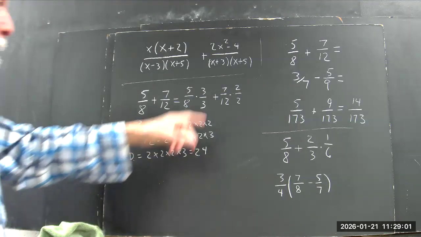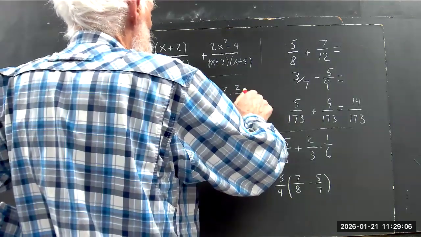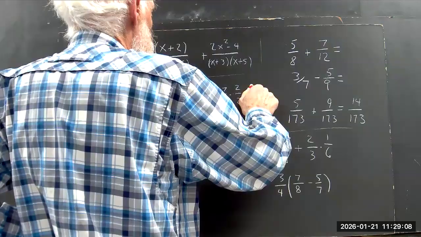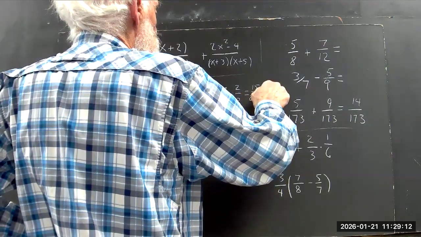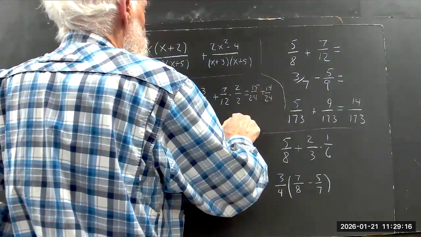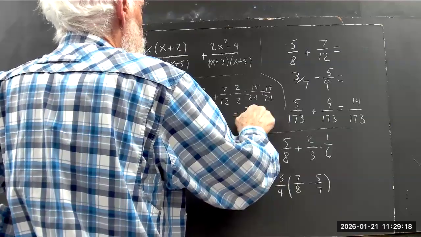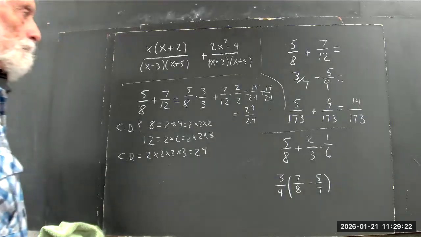So we multiply by 2 over 2. I'm going to run out of room here. This gives me 15 over 24 plus 14 over 24, which equals 29 over 24. Okay?